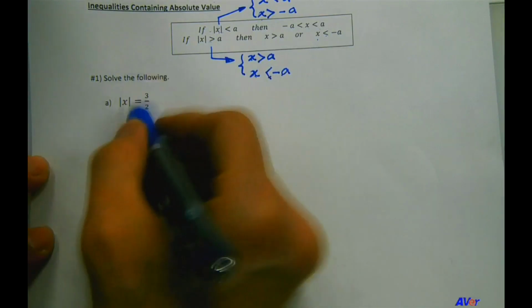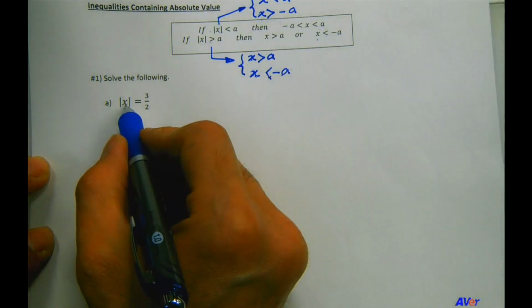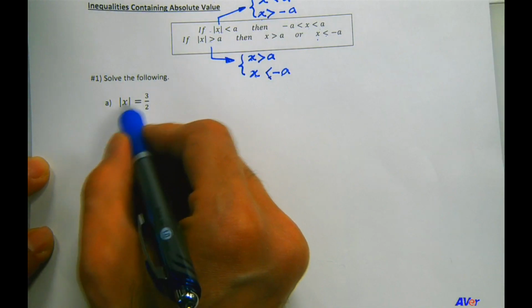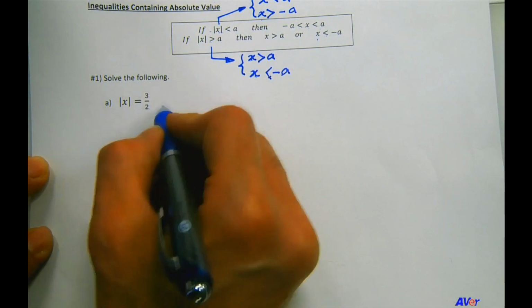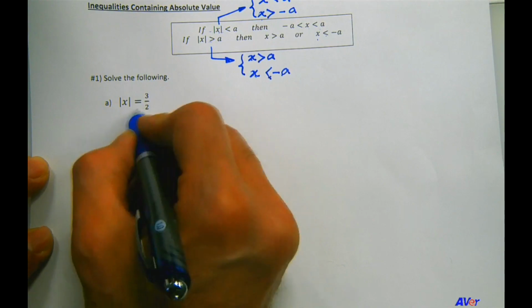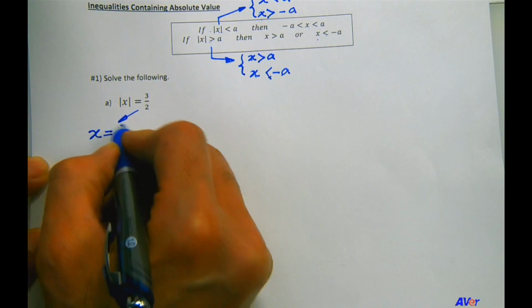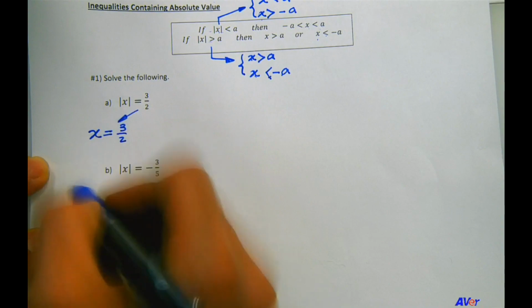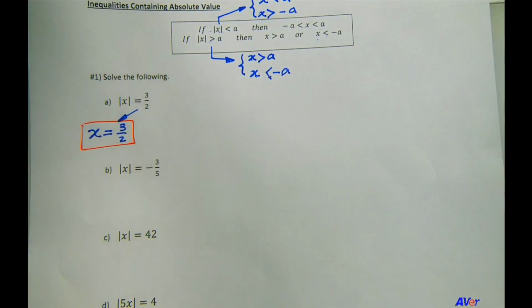Okay, so let's solve these. We know that in order to solve absolute value equalities or inequalities, we need to remove the absolute value notation, right? The bars. So, okay, let's do that. So one solution will come from x equals 3/2, written as you see it without the absolute value bars. That's one solution. What about the other solution?